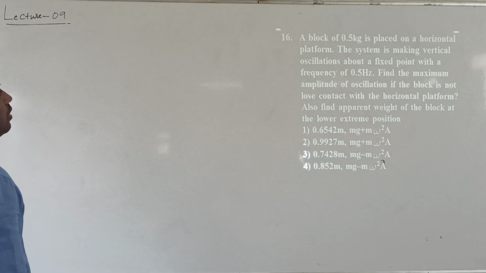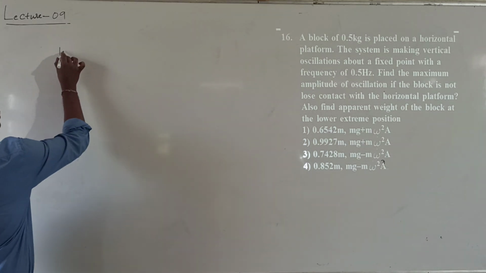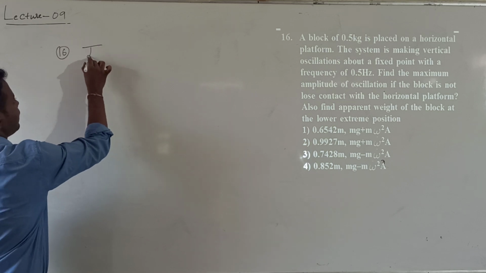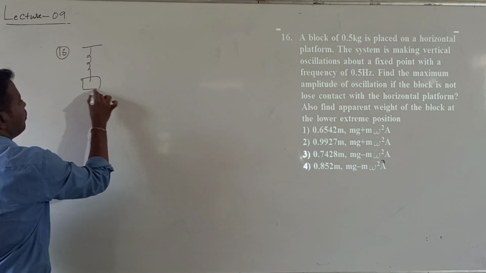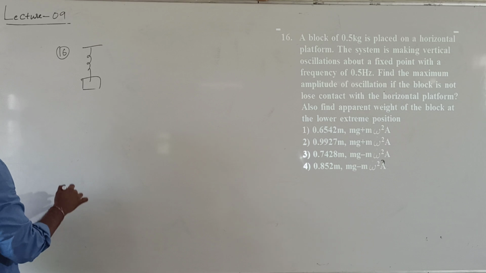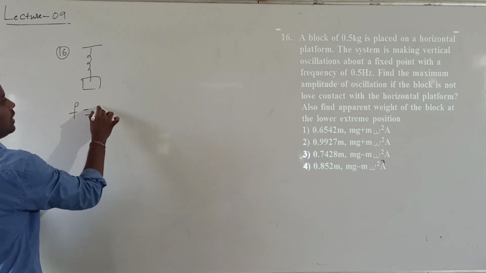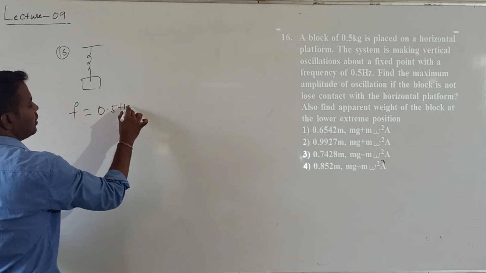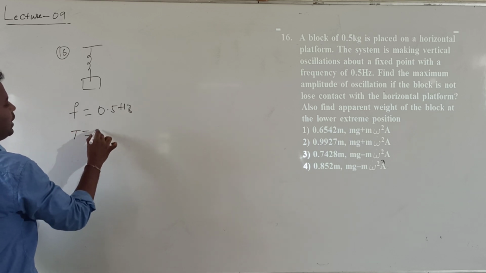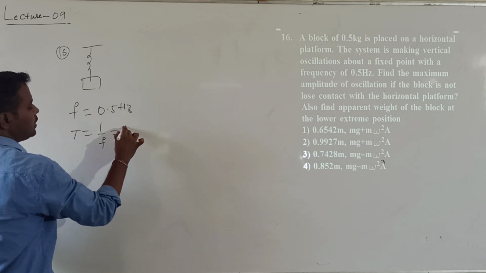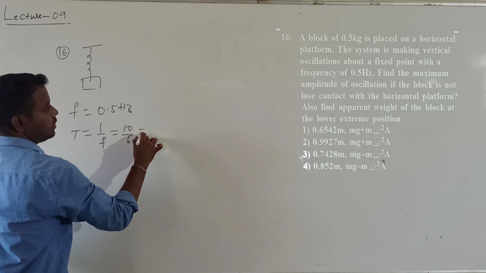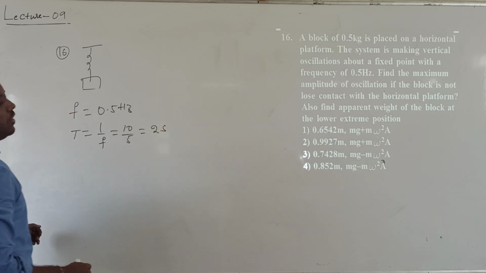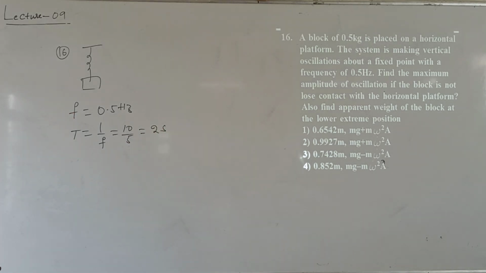The system is making vertical oscillations about a fixed point with a frequency. So the block is connected to a spring. Now the block is executing SHM with a frequency given as 0.5 Hz. So frequency given means time period is 1 by f, which is 10 divided by 5, which is 2 seconds. Find the maximum amplitude of oscillation.